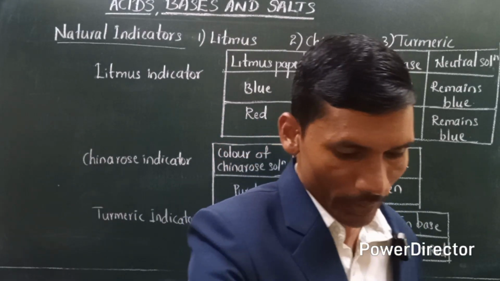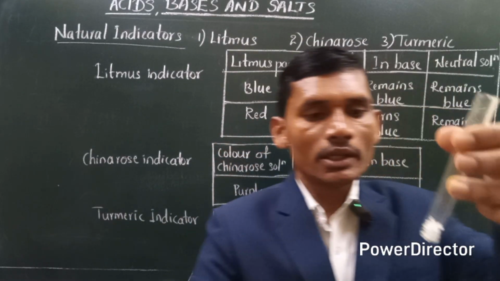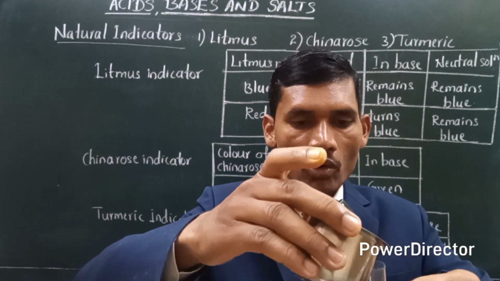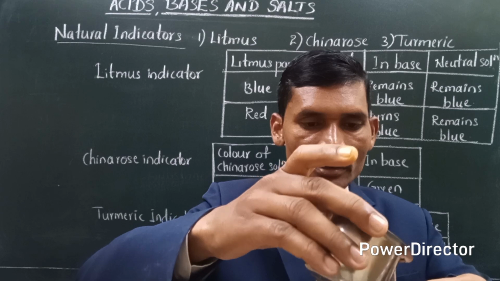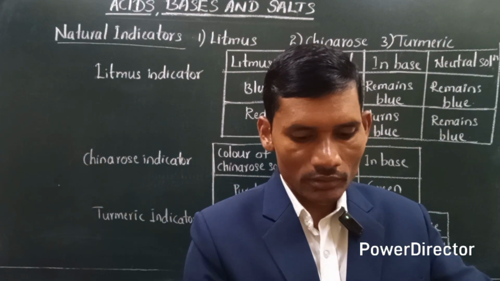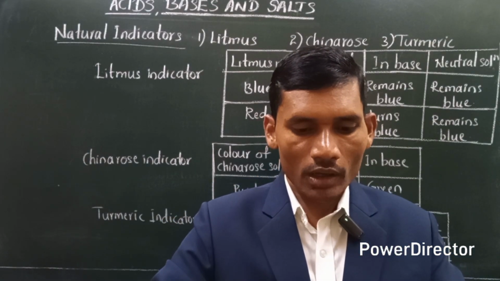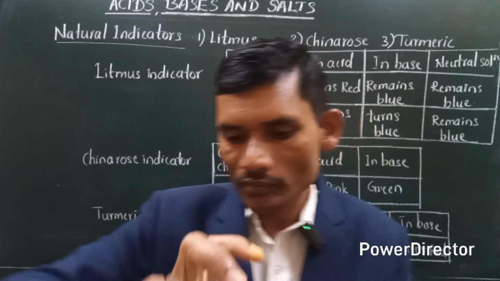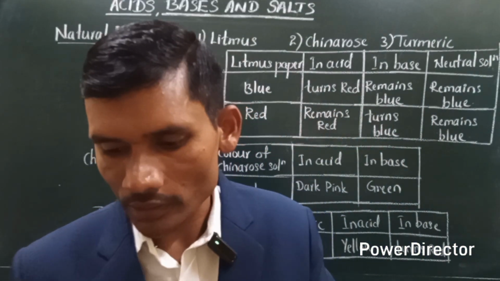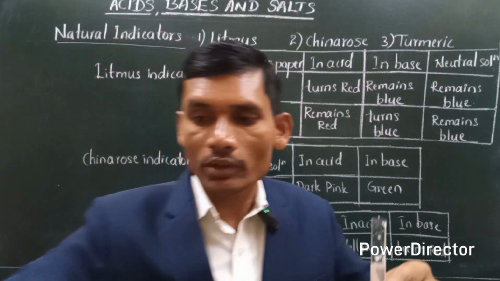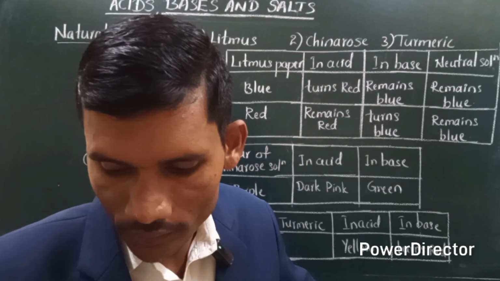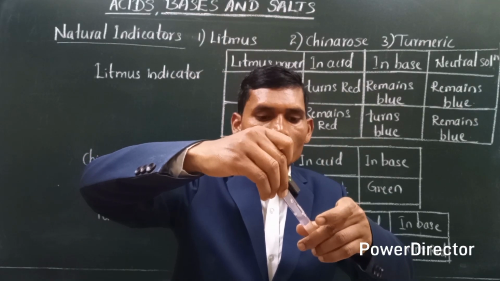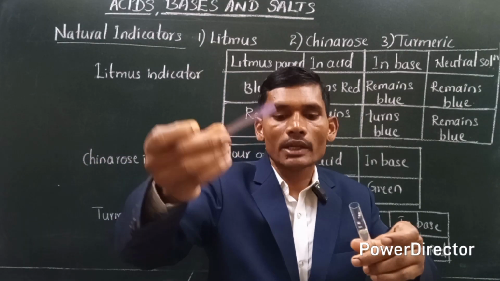Next, two more solutions we'll prepare here. One is sugar. In sugar we'll add a little water and we'll test. Blue and red both we will check, right? Now the blue litmus paper first. Blue is not changing its color, right?